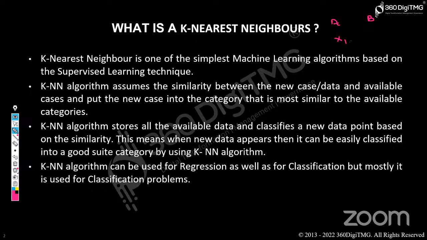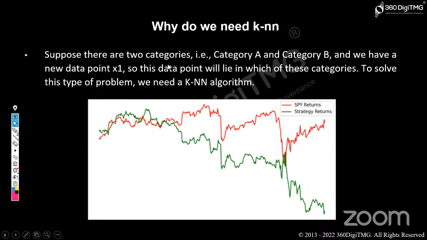To solve this kind of problem, we also use KNN. While using KNN, it will easily identify the category or class of a particular data point. Now, how do we use KNN?